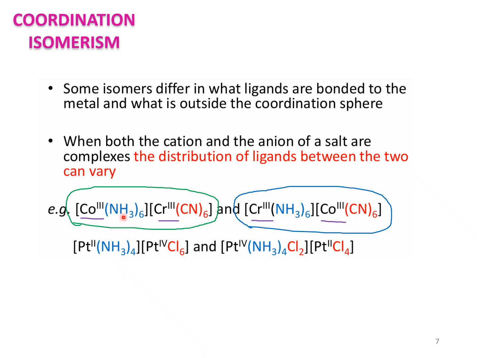Because there's no other ligand coordinated to the cobalt 3, this is hexaamine cobalt 3. And what about chromium 3 with 6 cyanide? If we look at the oxidation state of both complexes, this is plus 3 and this is minus 3.